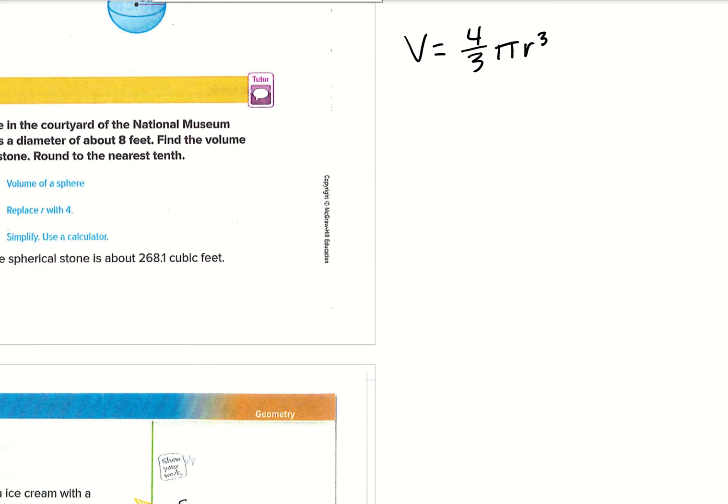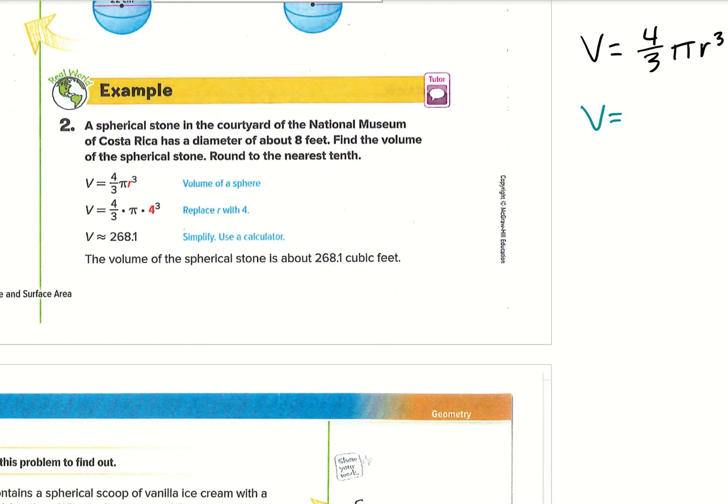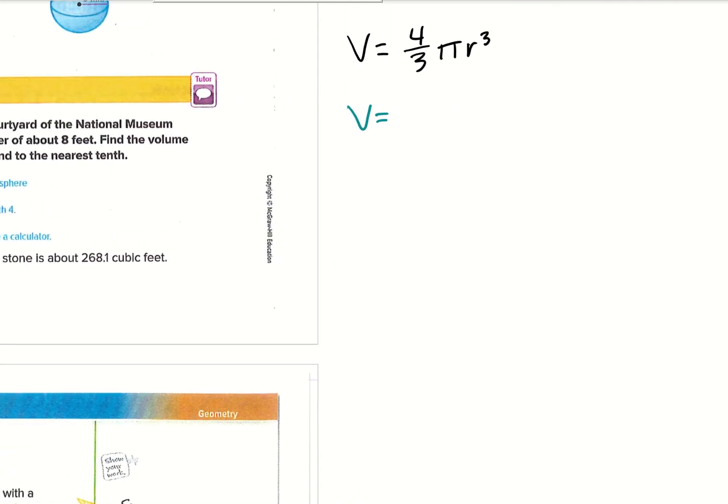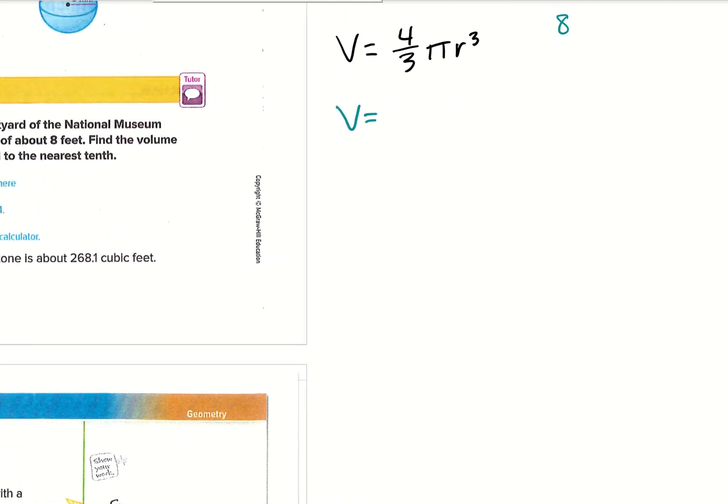Then I'm going to plug in what I already know. They don't tell us anything about the volume, but they do tell us that the diameter is about 8 feet. Remember, whenever we have the diameter, we're going to take that and divide it by 2, and that'll give us our radius.